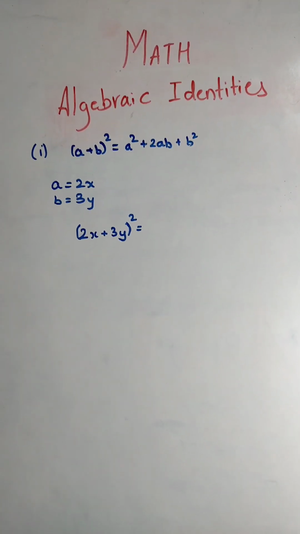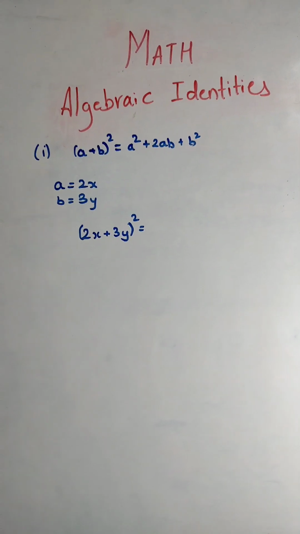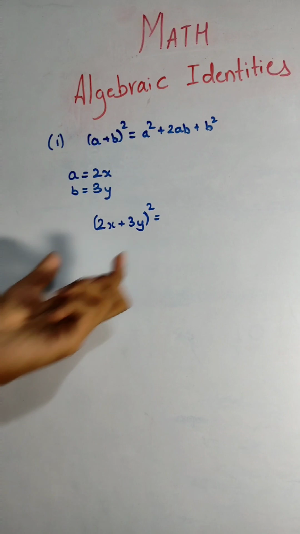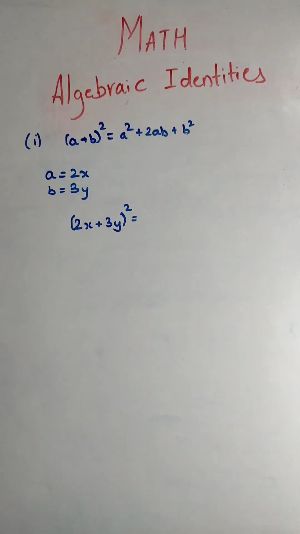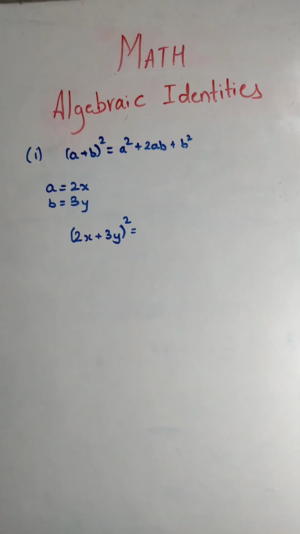Using this identity, we can easily substitute the values in these locations, because the question given is this, and instead of trying to solve it the whole large way, we can simplify it into this format and quickly solve and get our answer.